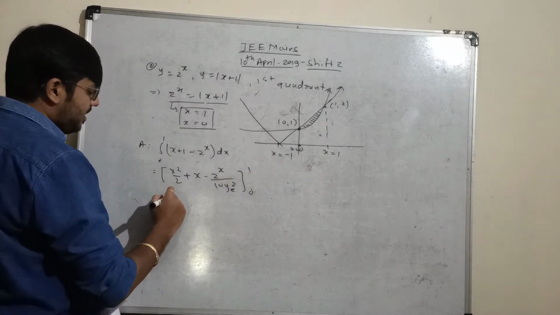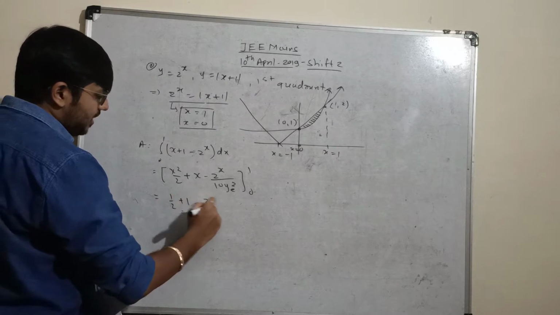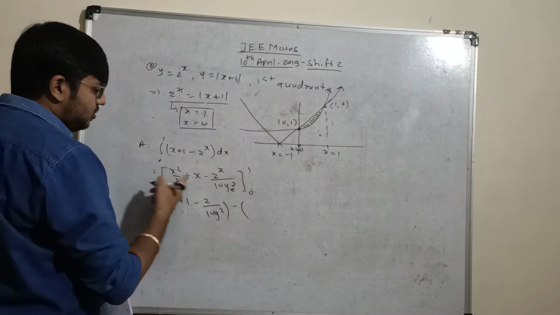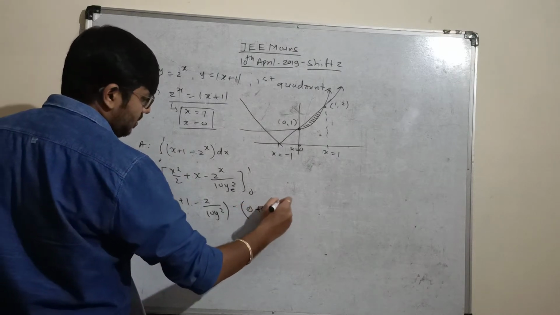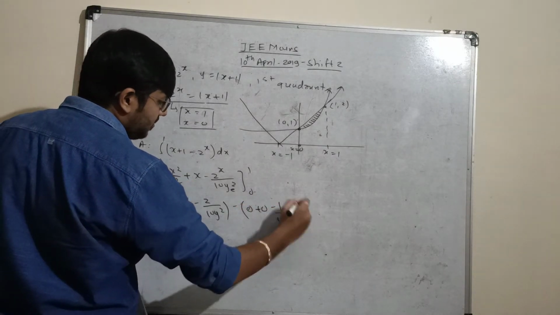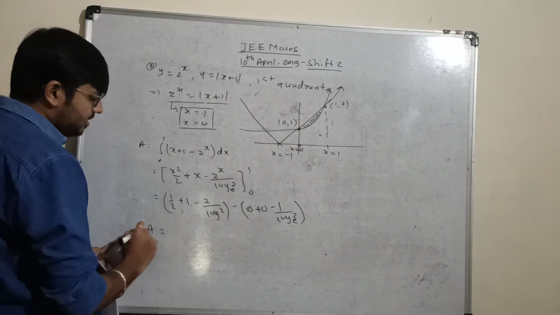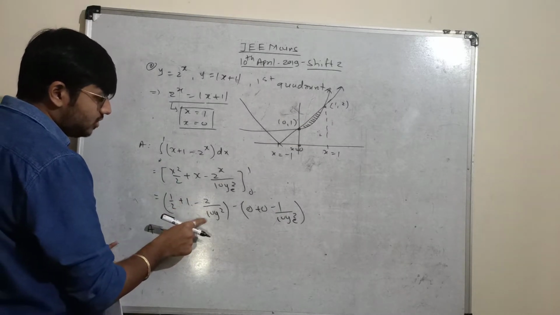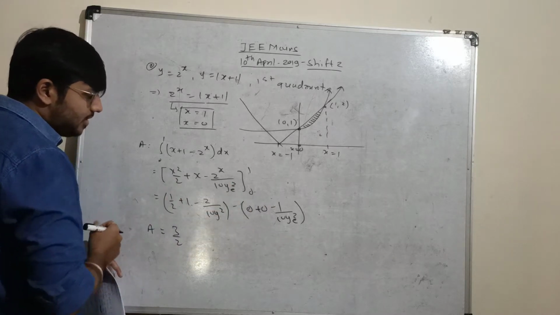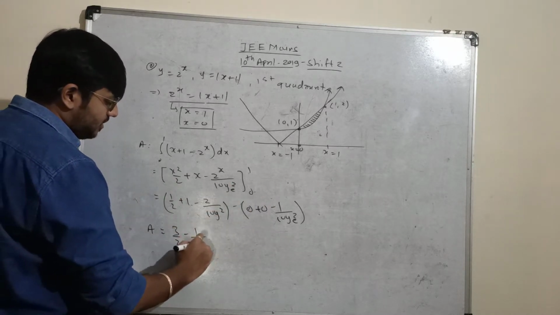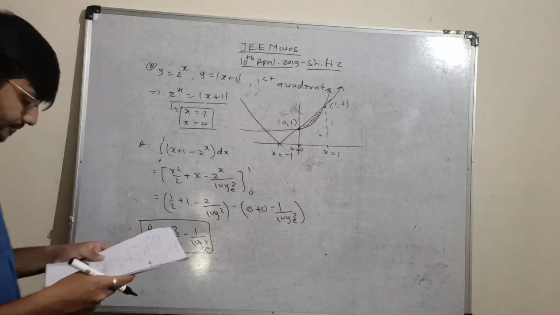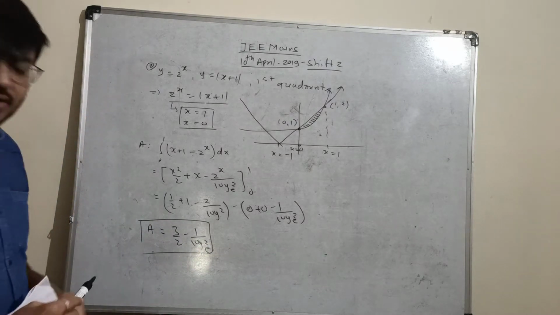If I put the upper limit, it's 1 by 2 plus 1 minus 2 by log 2, and minus 0 plus 0 minus 1 by log 2 with base e. So the final answer will be 3 by 2 minus 2 by log 2 plus 1 by log 2, that is 3 by 2 minus 1 by log 2 with base e. This is your answer, right? It's quite easy.